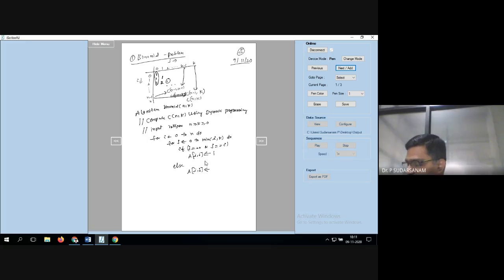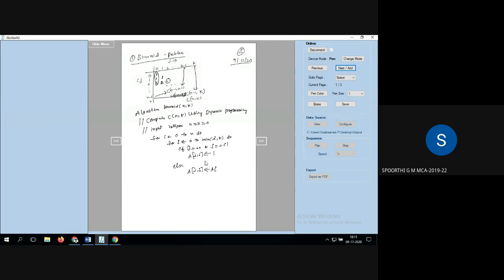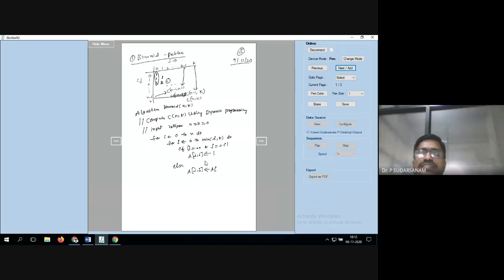A of... C of n minus 1, k minus 1 is there, plus C of n minus 1 comma k. So replace n with i, k with j.